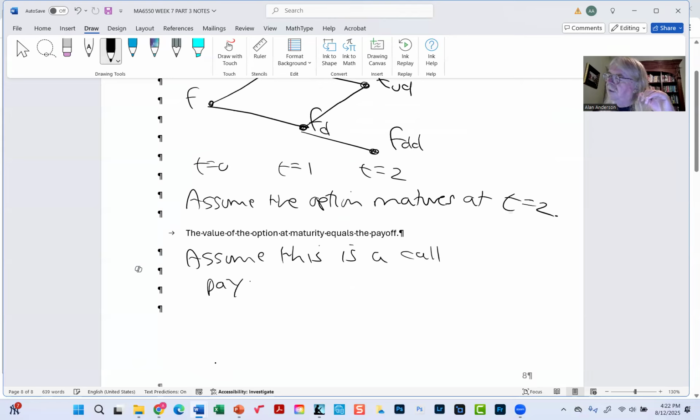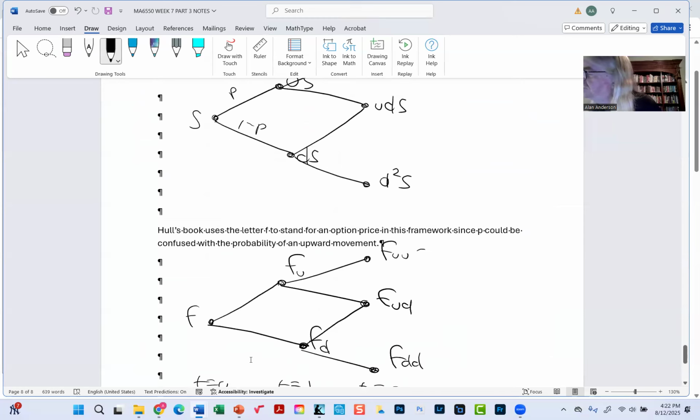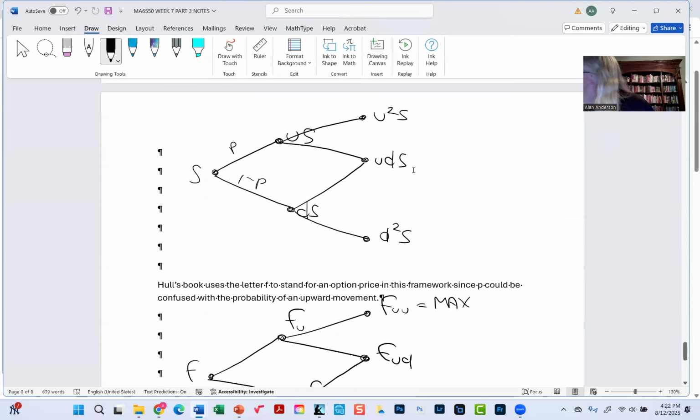The payoff, as you remember, is max of S minus X and 0. So that means here, but instead of writing S, we're going to write numbers on the stock tree. So instead of S, we put u squared S. Okay.